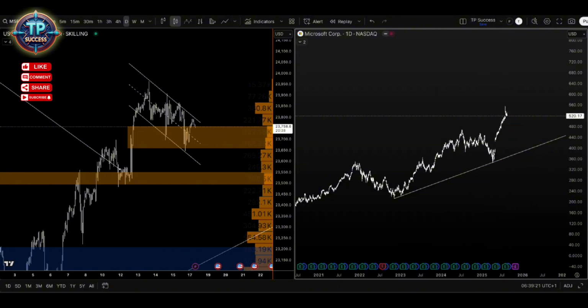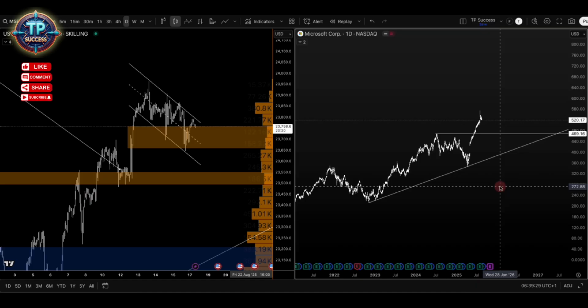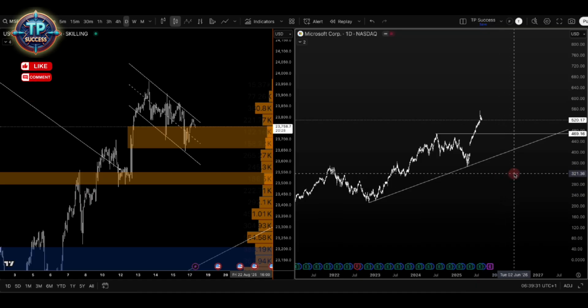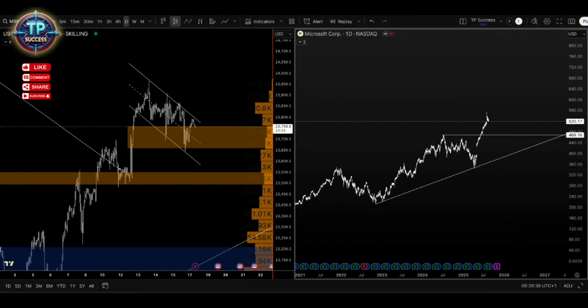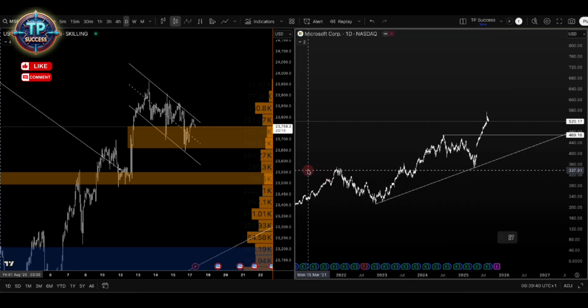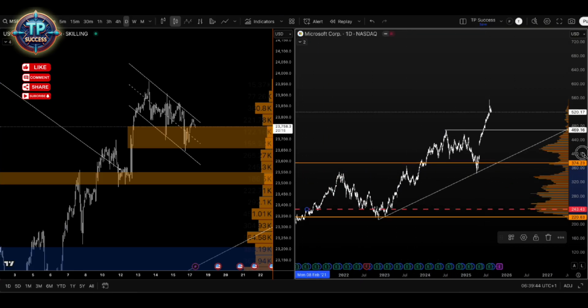Okay, we can see that if there is any logical area for a possible retest, we are looking at 469.16. This is what we're looking at. If there's going to be an area for a retest, what I do is I just throw the volume profile on there, right? That's the extra sauce that we put on that.